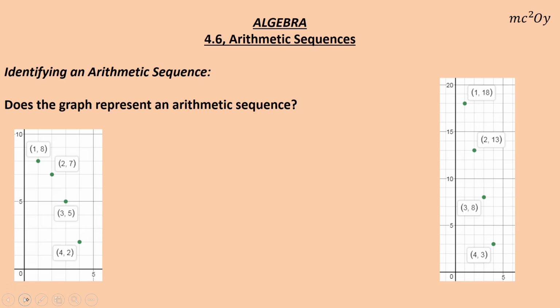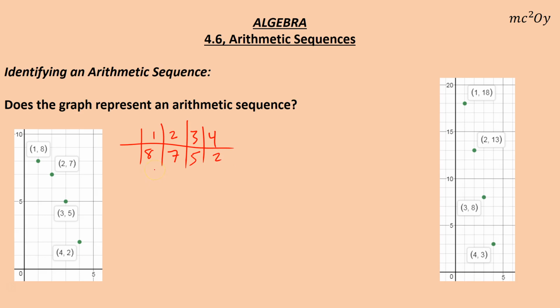All right, let's take a look at some graphs real quick. First, does this represent an arithmetic sequence? Well, first, this graph: 1, 2; 1, 8; 2, 7; 3, 5; 4, 2. You could first, if you want, just put it in a table. There's 1, 2, 3, and 4. And then I've got 8, 7, 5, and 2.